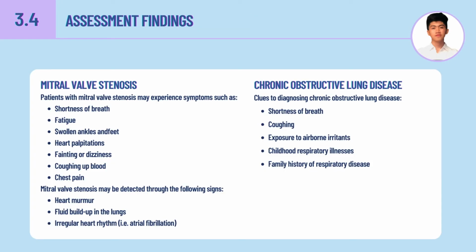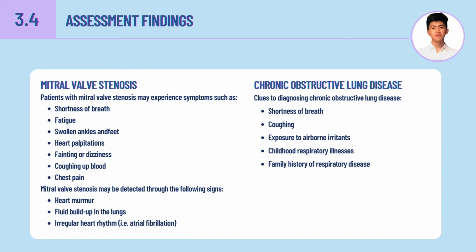In assessment and findings of the following conditions: mitral valve stenosis. Patients with mitral valve stenosis may experience symptoms such as shortness of breath, fatigue, swollen ankles and feet, heart palpitations, fainting or dizziness, coughing up blood, and chest pains.